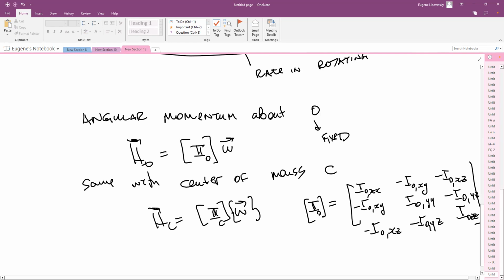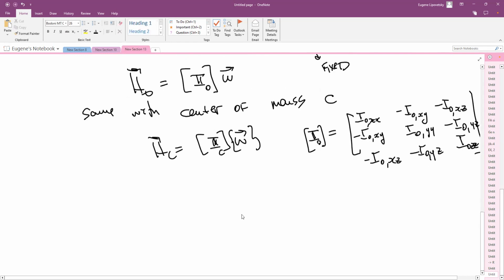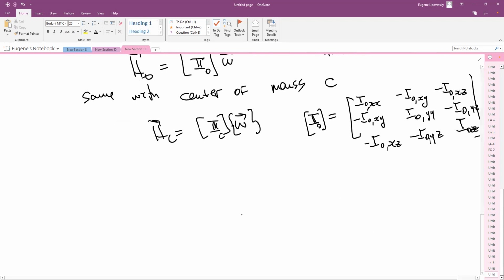Now, these moments of inertia will change if the body rotates. That's because your X, Y, and Z are rotating coordinate frames.